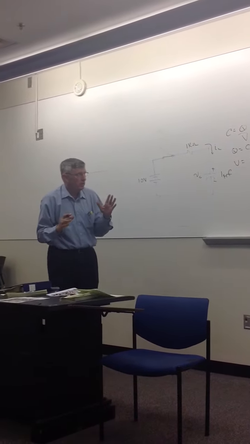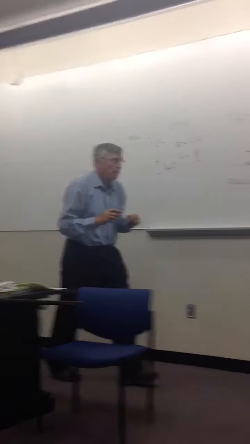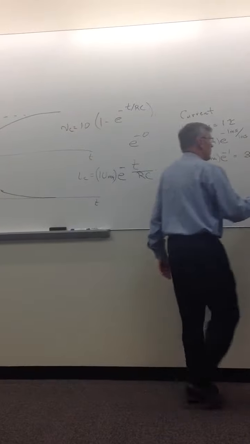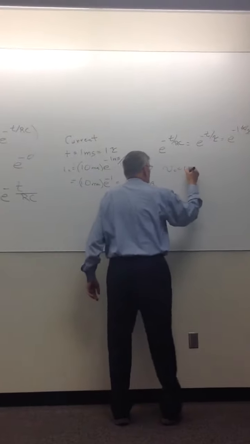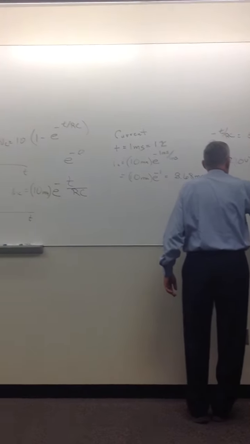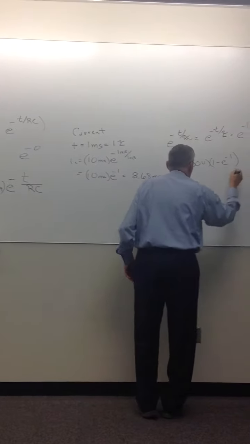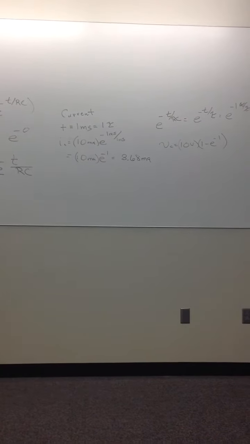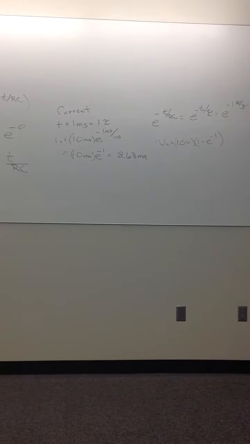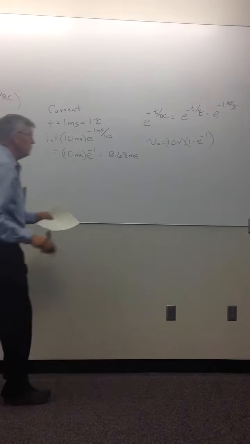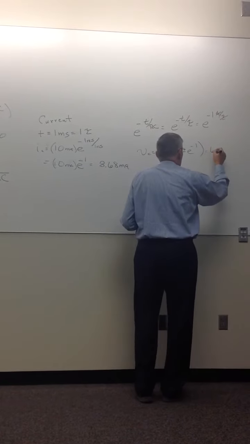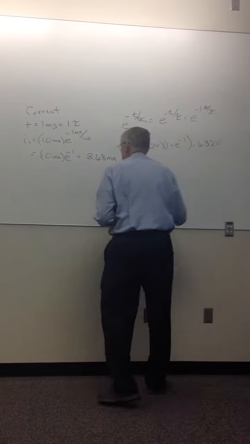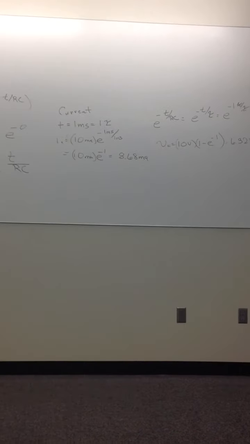Okay, next what I want to do is get the voltage at that same time. And it's going to be the same exponent, e to the minus 1. And when we crank through that, 6.32.